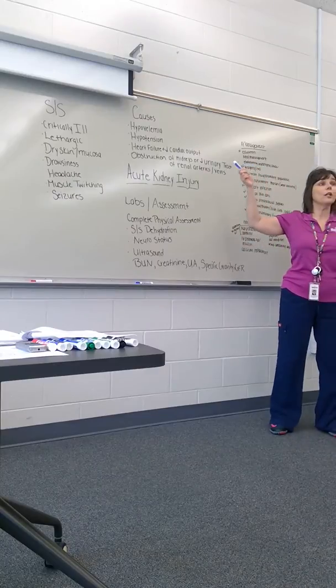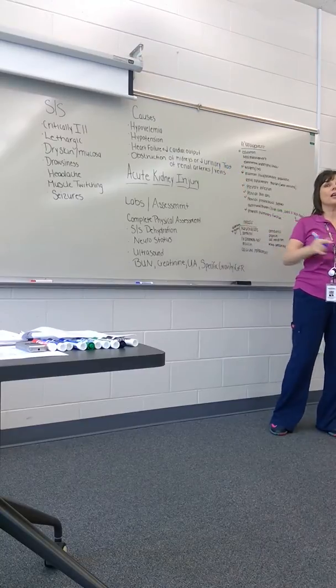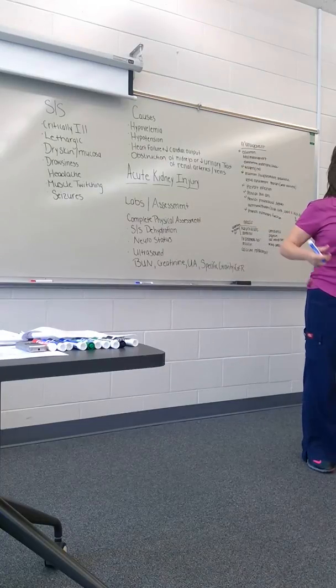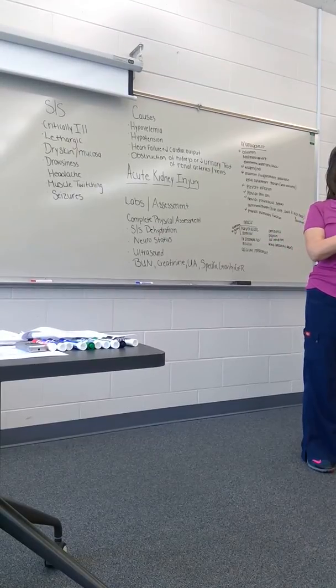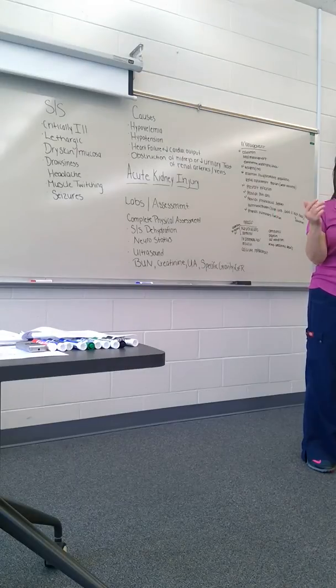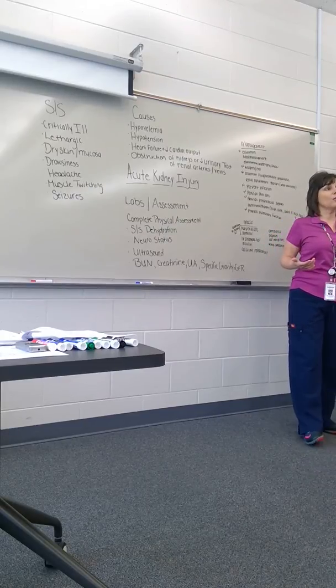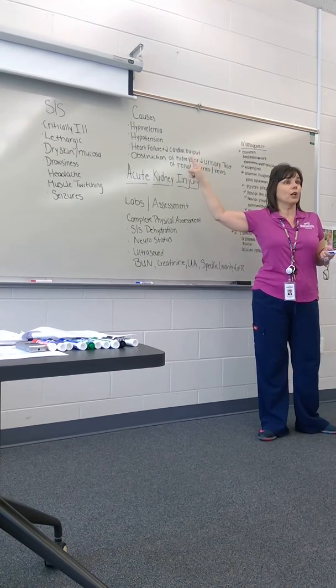Somebody who has a burn, a burn victim, they can have acute kidney injury. When somebody has a burn, what happens to our vascular space? Fluid just comes out. We have fluid leaving that vascular space, but we're trying to shunt all of that fluid and blood to the vital organs, which the kidneys are, but we lose a lot of fluid whenever we have a burn, okay?